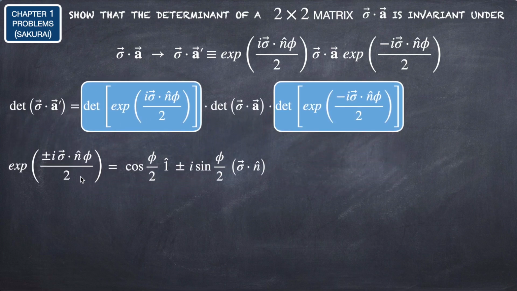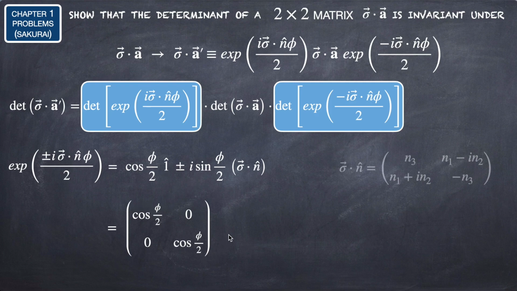And then let's write this matrix in a matrix representation. So the first term here is cosine of phi over 2 multiplied by the identity, so you get the diagonal elements here.